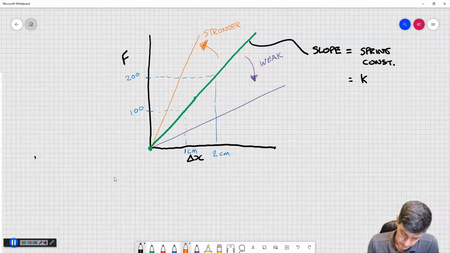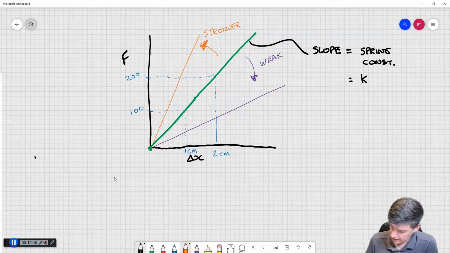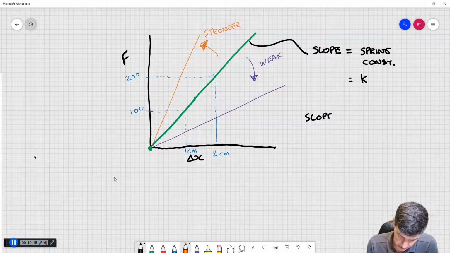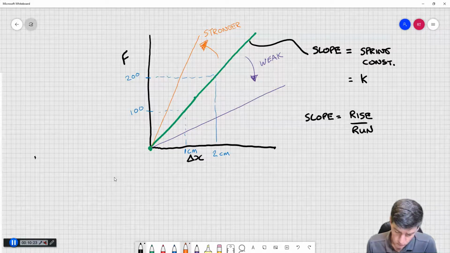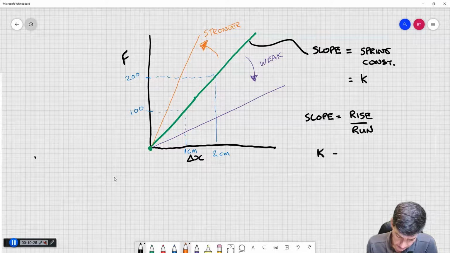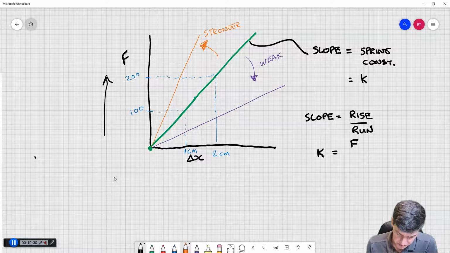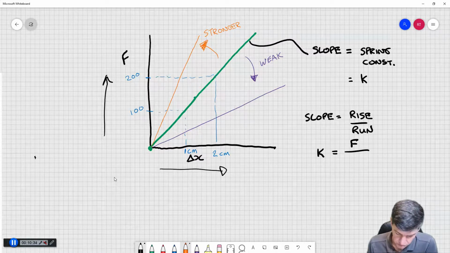So the slope is a rise over run, which means that k is going to be equal to the rise, which is a measure of the force, compared to the run, which would be the change in length.